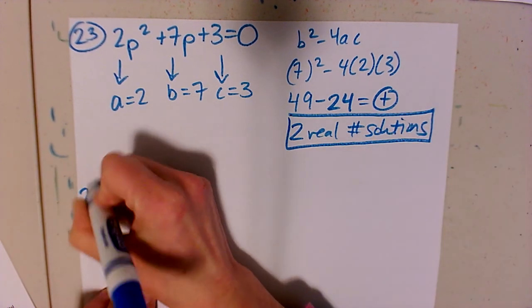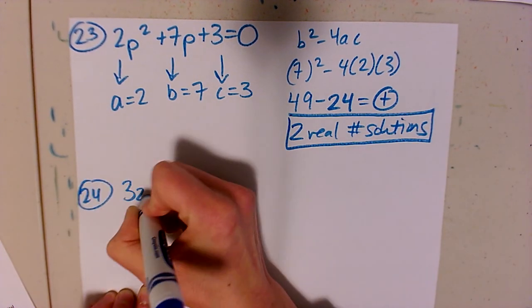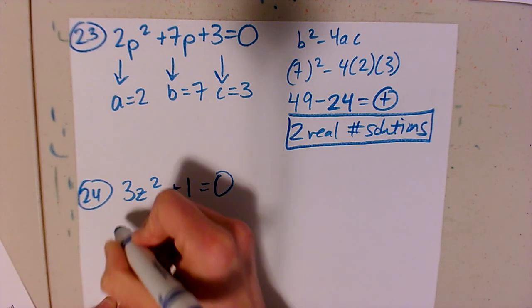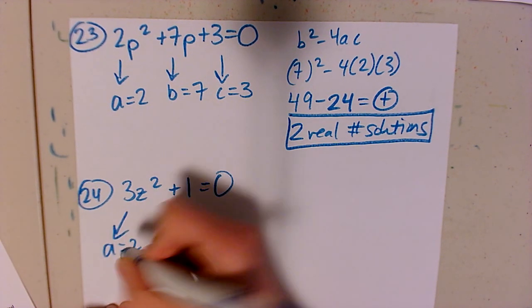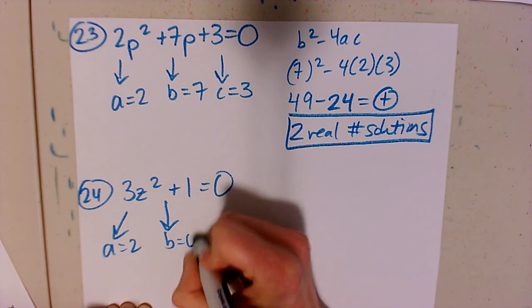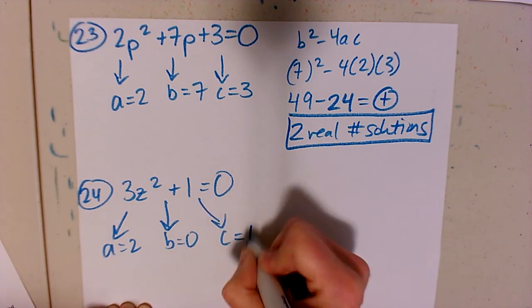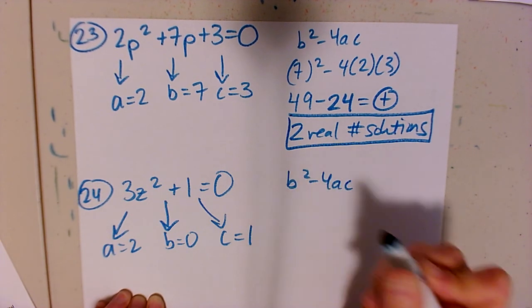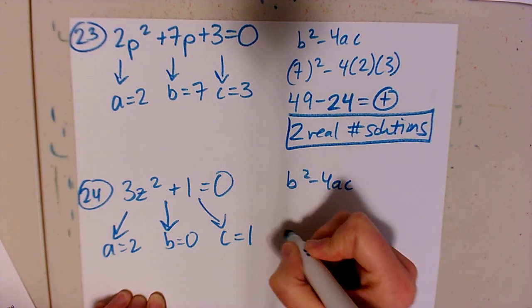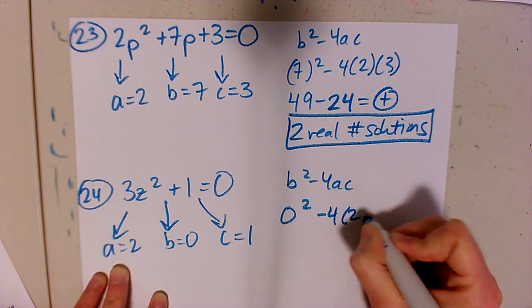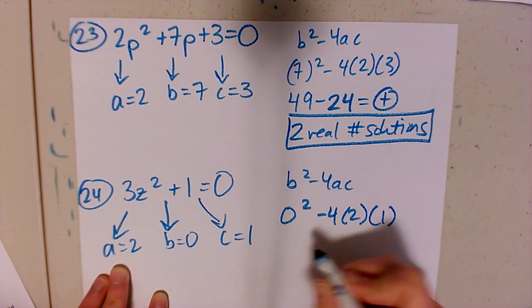So going on to 24, for 24, we have 3z squared plus 1. So for 24, if you notice, your a term is 3, we don't have a b term, so b is going to be 0, and then c is 1. So then b squared minus 4ac is going to be 0 squared minus 4 times 3 times 1.